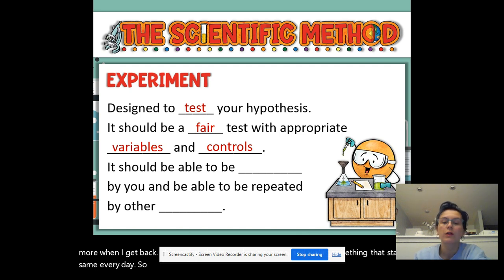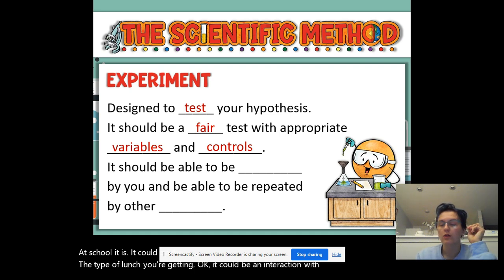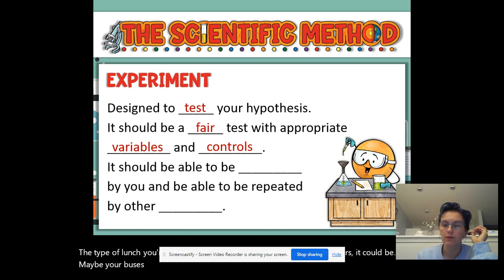So for example, a variable at school. Let's look at your school day. What are some variables at school? It could be the type of lunch you're getting. Okay. It could be an interaction with teachers. It could be maybe your bus is late. That's a variable.